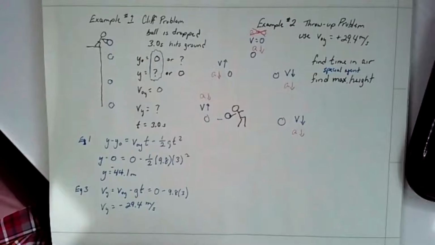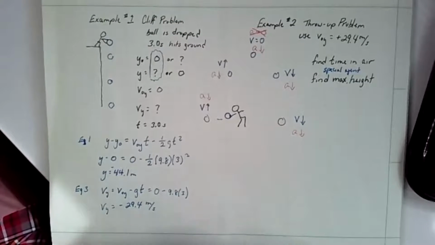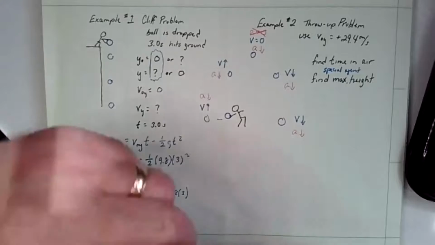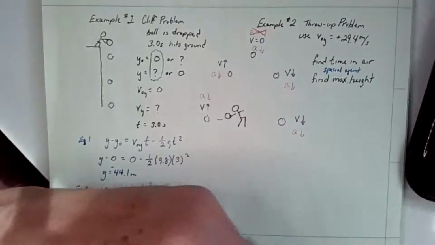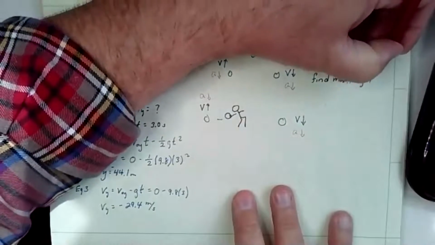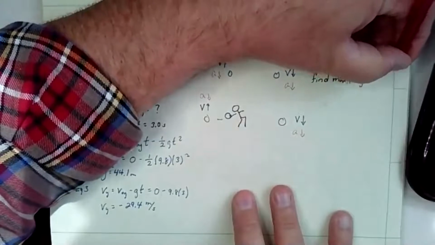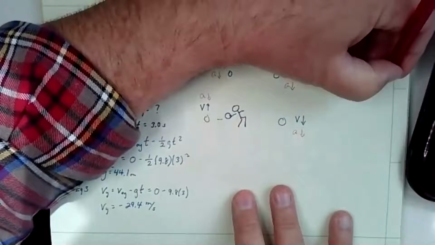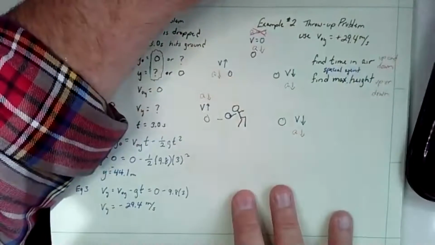Okay, great. And let's also further break it up into two pieces, because the max height and the time in the air are actually two different problems. So time in the air is up and down, but finding max height is up or down, but not both.